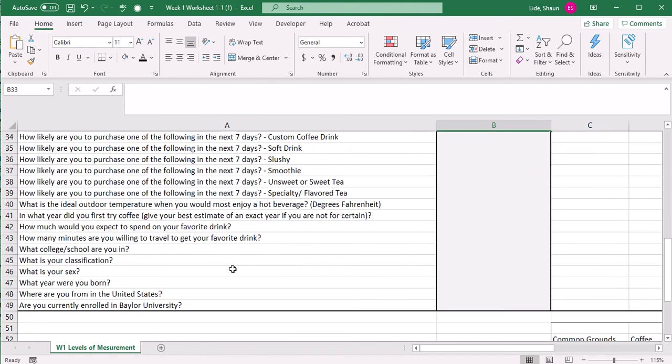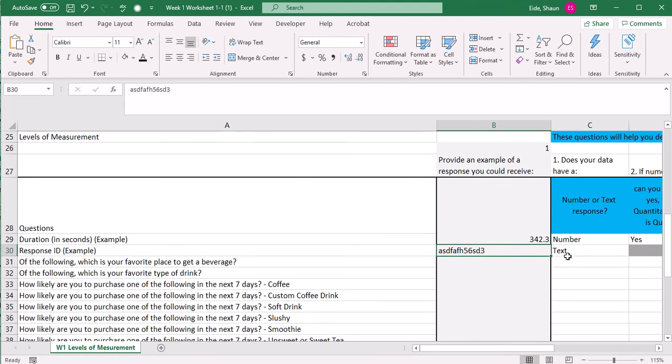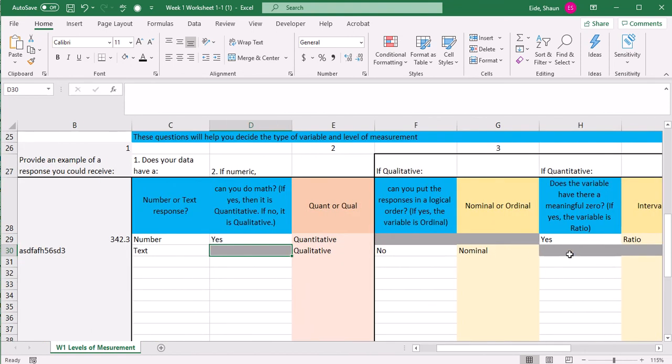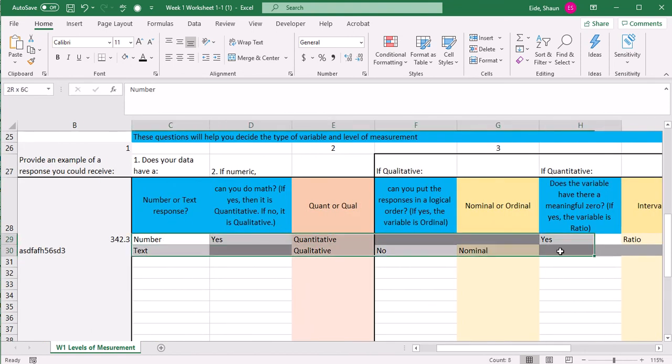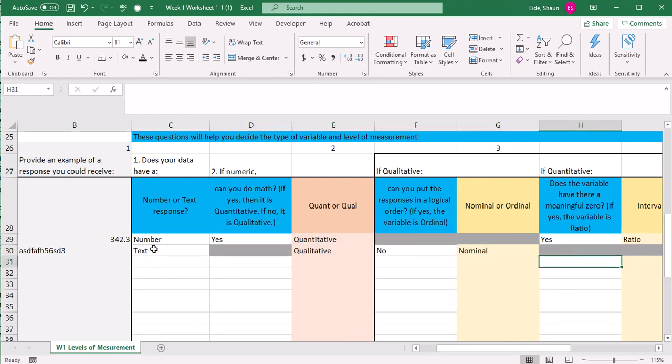But when you get to other ones down here, there aren't answer choices, and you've got to come up with your own example. And then over here, I already filled out some of these for you, to give you an example of what it would look like as you fill this out.